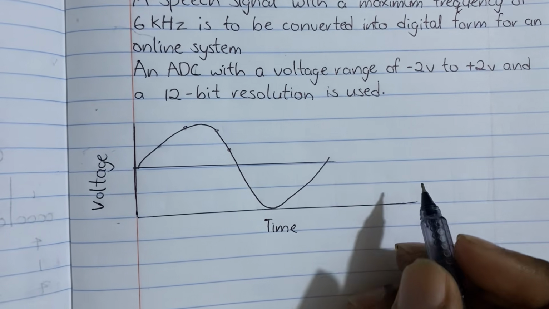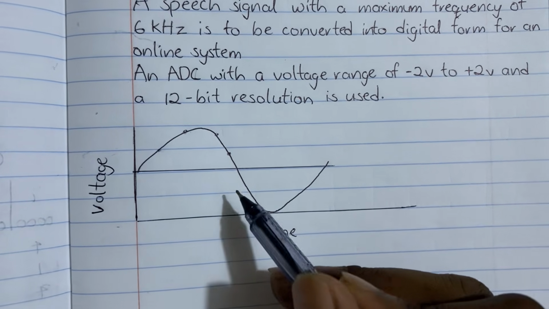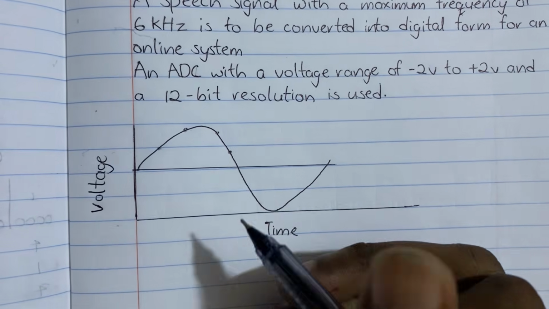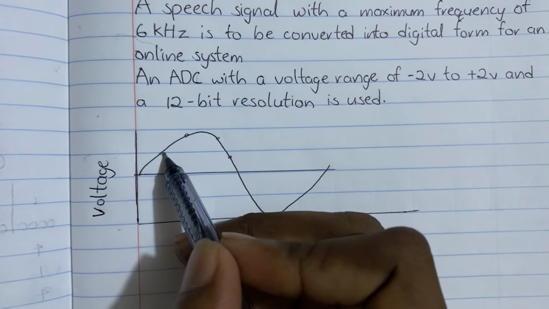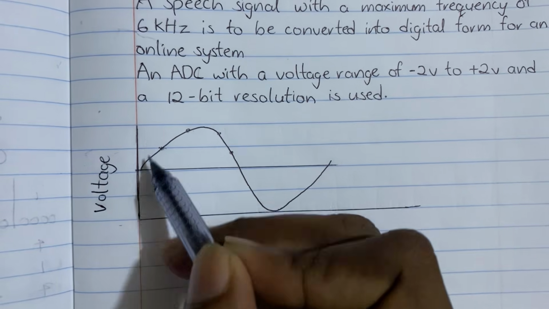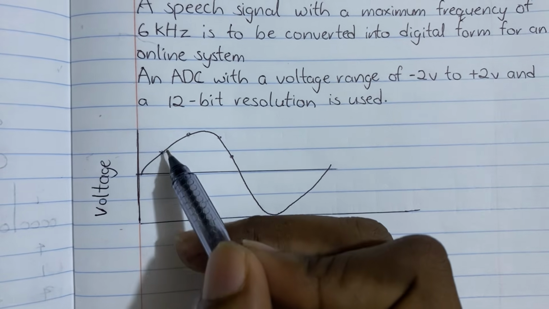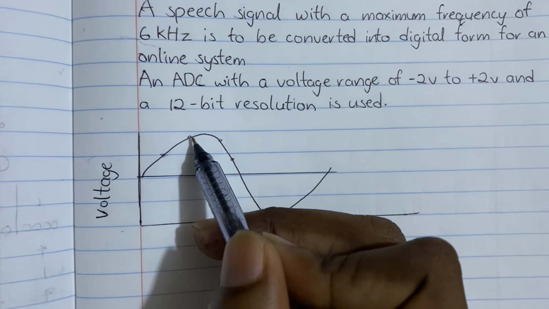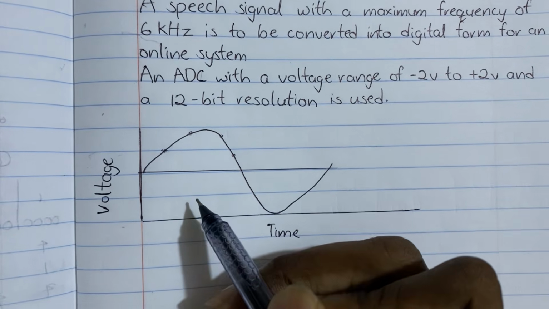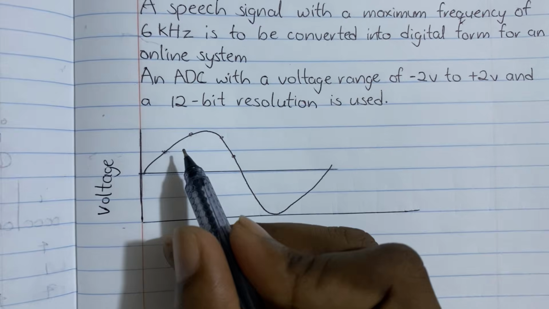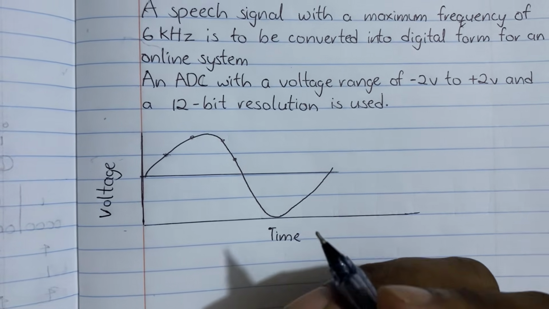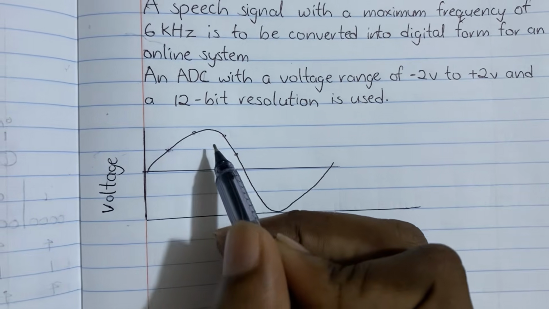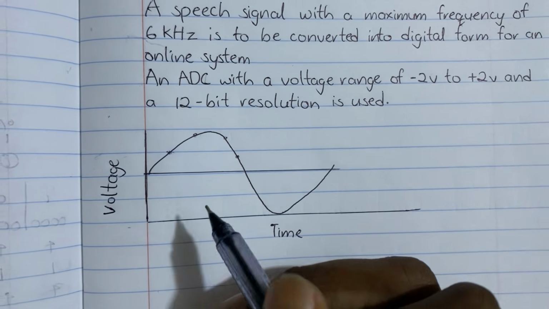How often you take these samples is what we call the sampling rate, or the sampling frequency. So at this particular time, we took a sample of where the voltage is. The higher your sample rate, the better the quality of your sound. So we are trying to track this particular curve using discrete values.